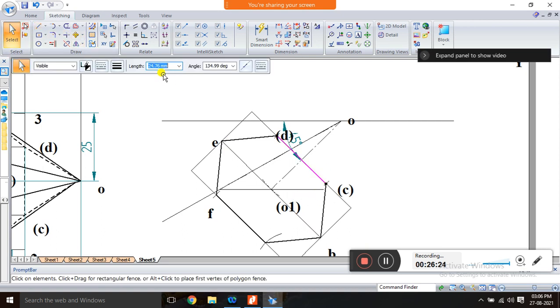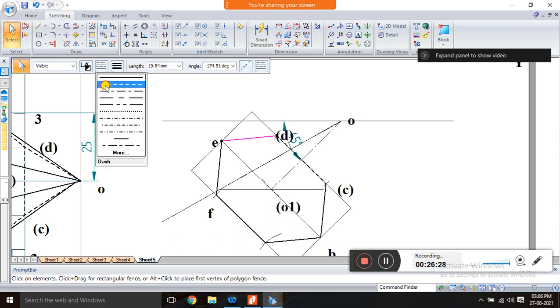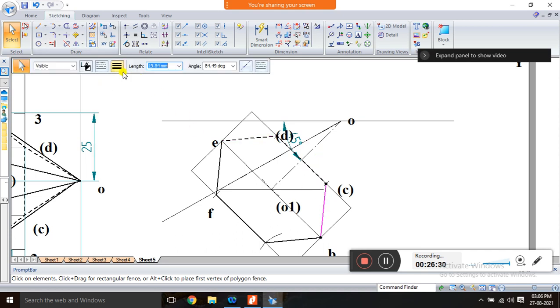This is the dashed line, okay, and this is also a dashed line because these lines are not visible in the second position.